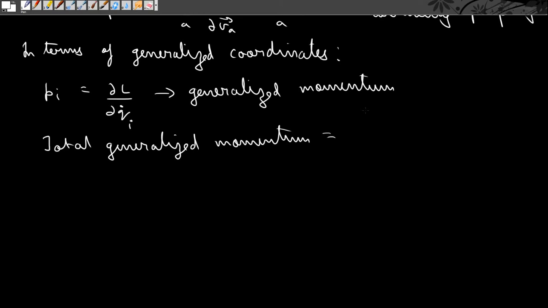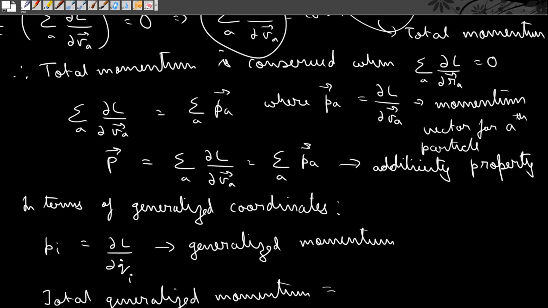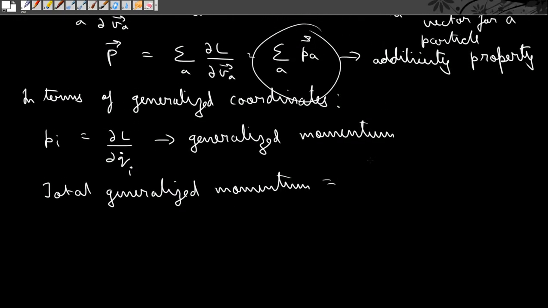So we cannot, in the same sense as how we define the total momentum over here, write the total momentum as the sum of the individual momenta, because the dimensions of Pi and Pj may be different, because our Qi and Qj may not have the same dimension, since we are choosing generalized coordinates.